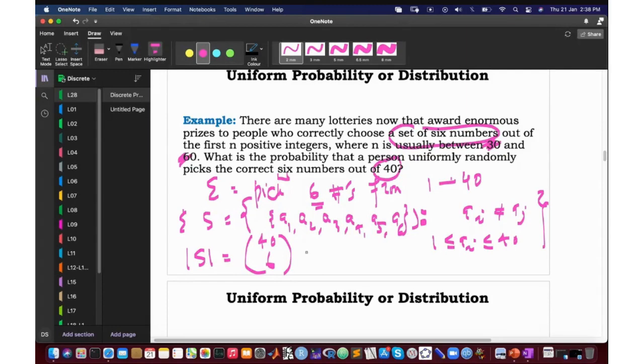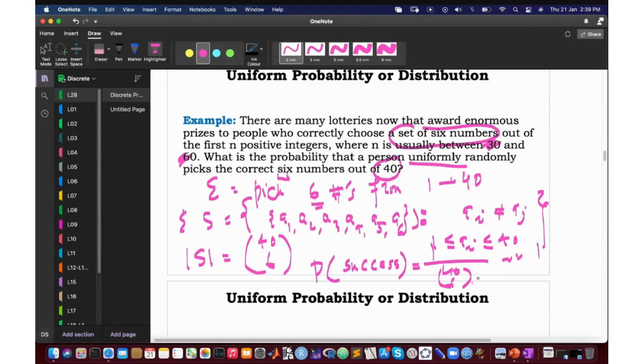इस case में so that's how many options you have, and each one of them is equally likely because you are doing them uniformly, randomly. Okay, so the probability that you pick a fixed number, and let's call that number a success, is equal to 1 over 40 choose 6. Okay, and this number is larger than 1 million.